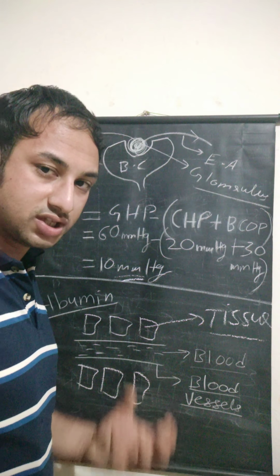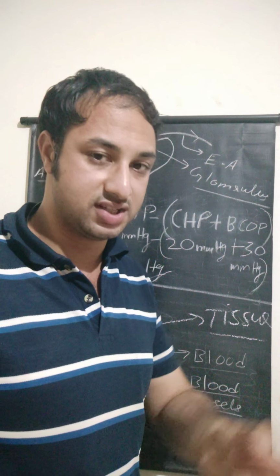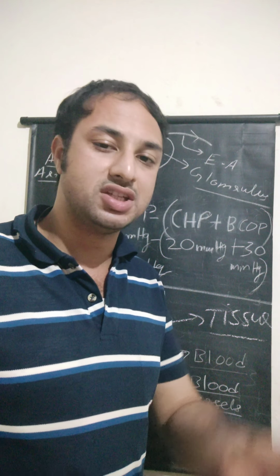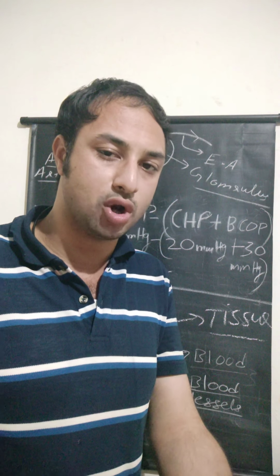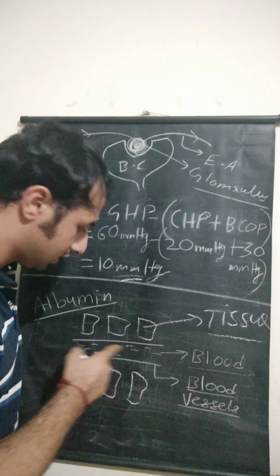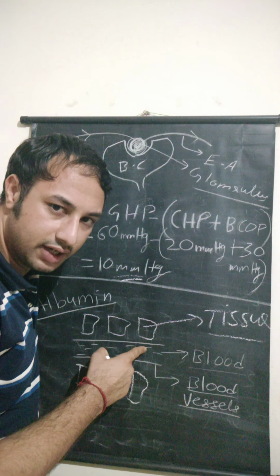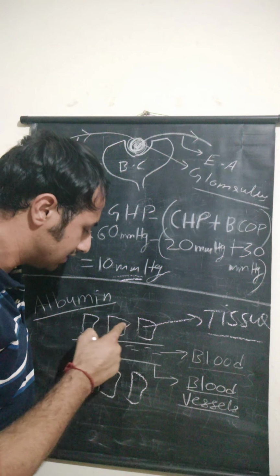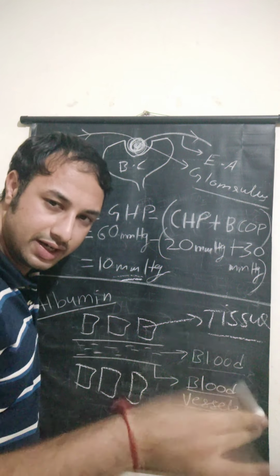Now, because of osmosis, you know the meaning of osmosis: the movement of water from the region of its higher concentration to the region of its lower concentration. Inside this blood the water content is high, but between the cells of the tissue the water content is very low.